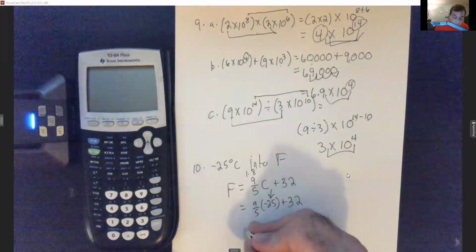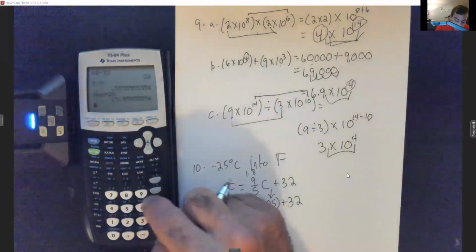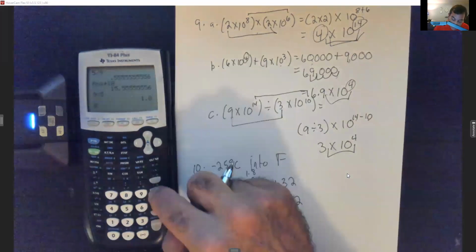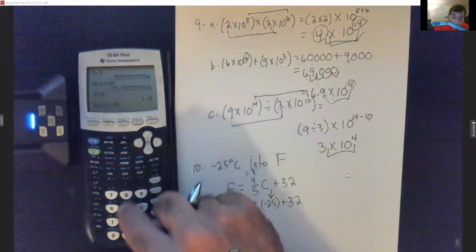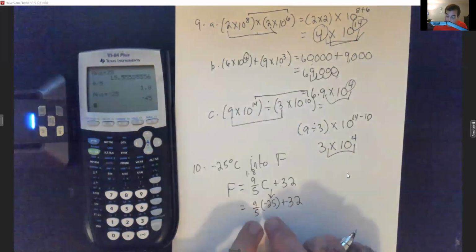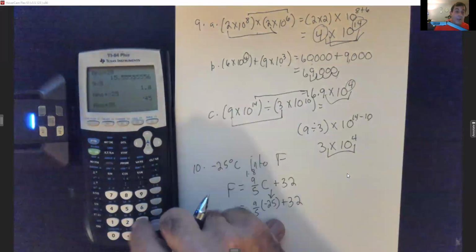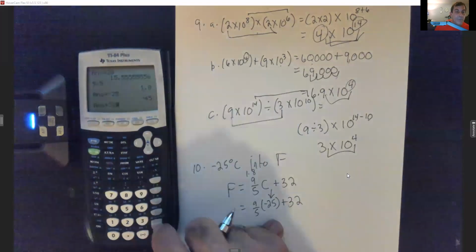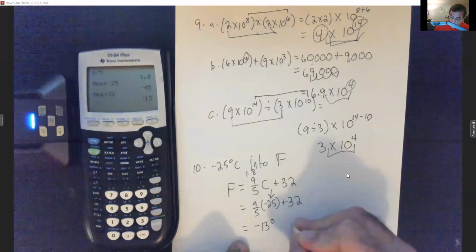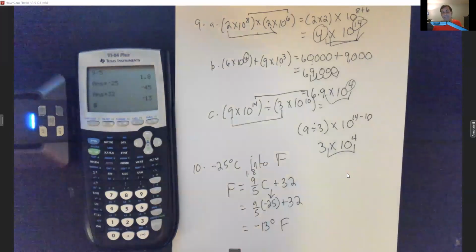All right, so here I go. I would do this. 9 divided by 5 now. I get my 1.8. Multiply that times negative 25. That's going to give me negative 45. And then negative 45 plus my 32 is going to give me negative 13 degrees Fahrenheit.